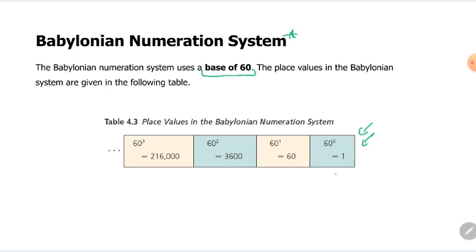So starting, they still have the ones, since 60 raised to the 0 is still equal to 1. Instead of the tens, they have the 60s. Instead of the hundreds, they have the 3,600, or the 60 squared. Instead of the thousands, they have the 60 cubed, or 216,000.